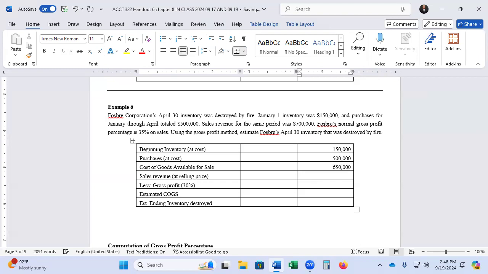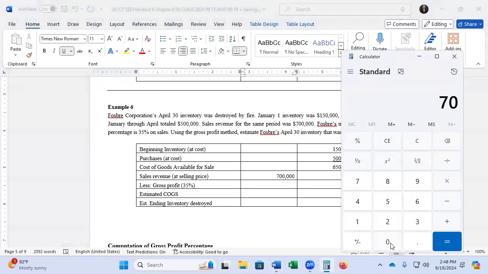Now it says that sales revenue for the period was 700,000, and their gross profit was 35%. So we take 35% of 700,000. I just want to check and make sure my math is right here.